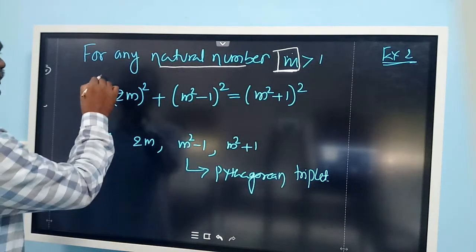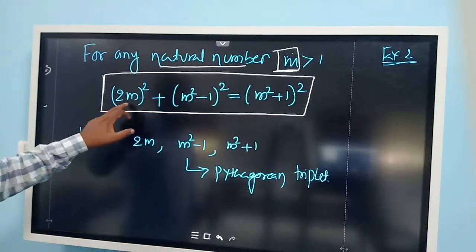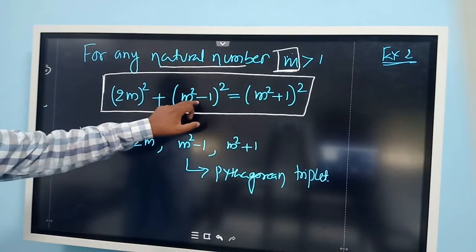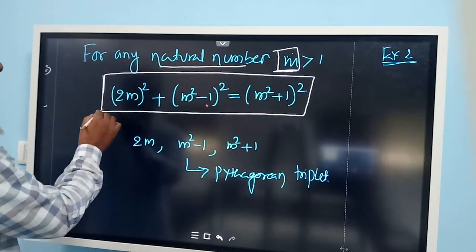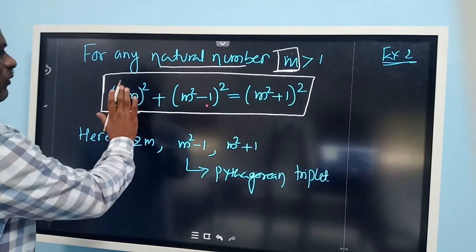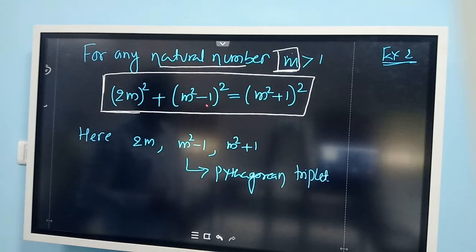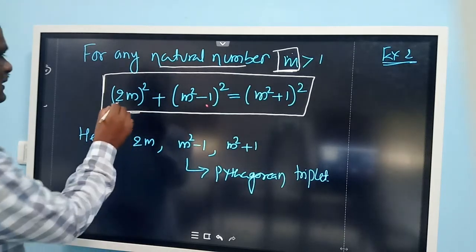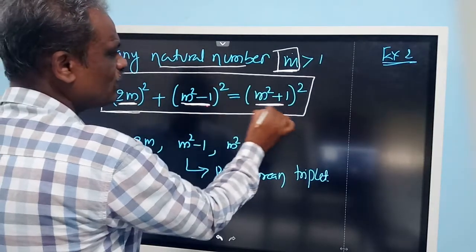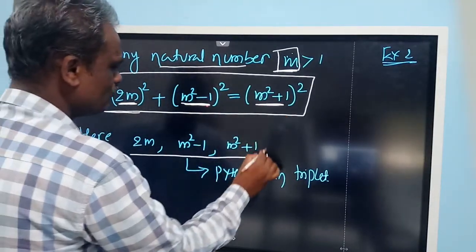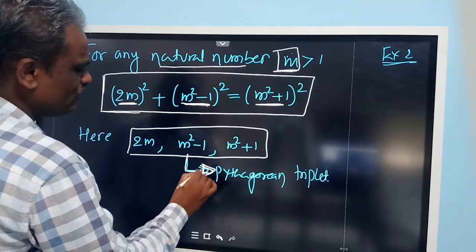For such numbers, you can use this general rule: (2m) square plus (m square minus 1) whole square is equal to (m square plus 1) whole square. So here the square of one number plus the square of another number is equal to the square of the third number. In such cases, 2m, m square minus 1, m square plus 1 are called a Pythagorean triplet. This is the general form of a Pythagorean triplet.